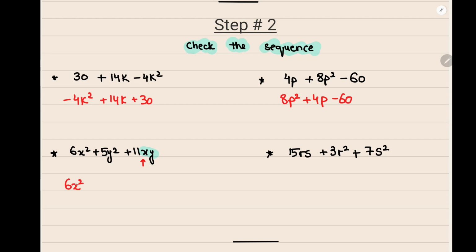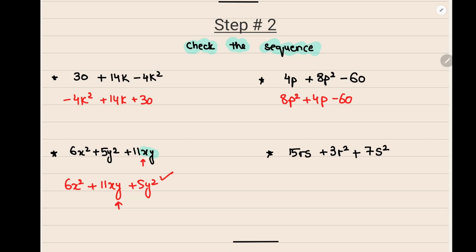So I have the term 6x squared, so I need to write this first. Then the second must be my single power term, and the third should be 5y squared. This is the particular sequence. See, the y with a single power is written after x, so that's why I chose it as the last term.